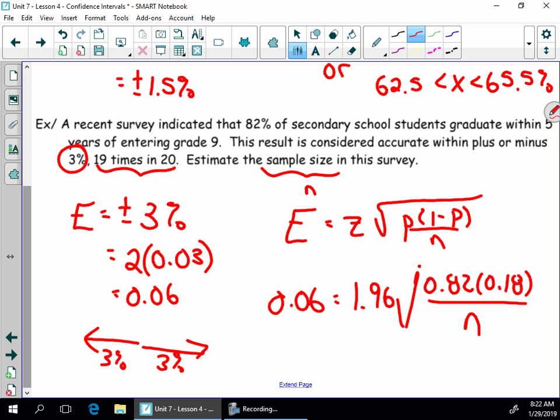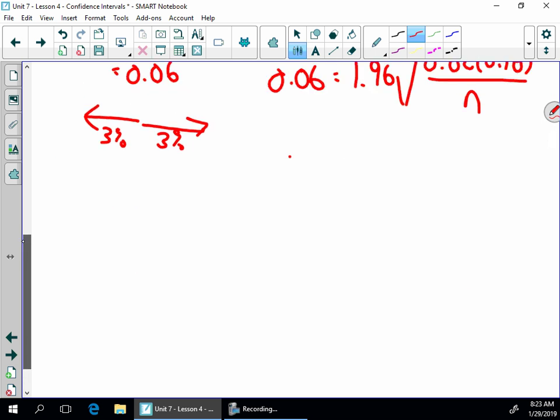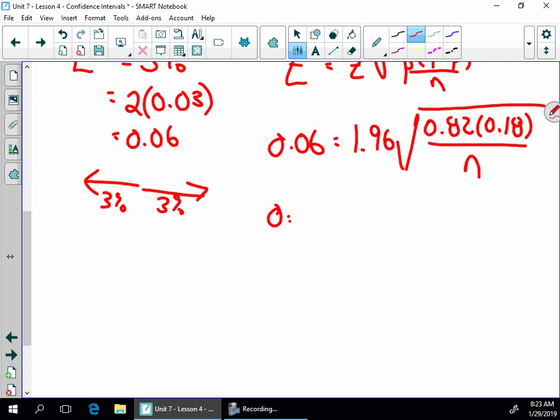And I have to divide by n. I've got an equation I can solve for n. I'm going to have to do a little manipulation here. So we've got a couple of steps we're going to follow. First thing I want to get rid of, 0.06 divided by 1.96. It's going to leave me the root stuff on this side.